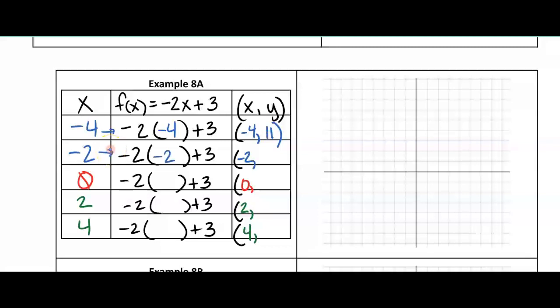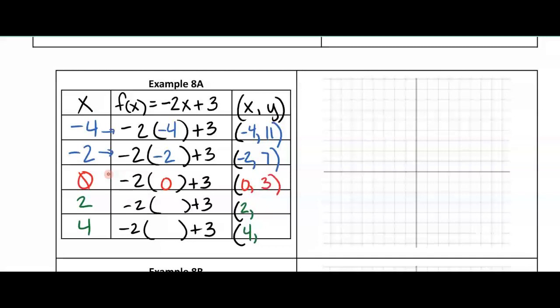Negative 2 times negative 2? 4. Plus 3? 7. So an 11, 7. Negative 2 times 0? 0. Plus 3. 3. Okay, so 11, 7, 3.